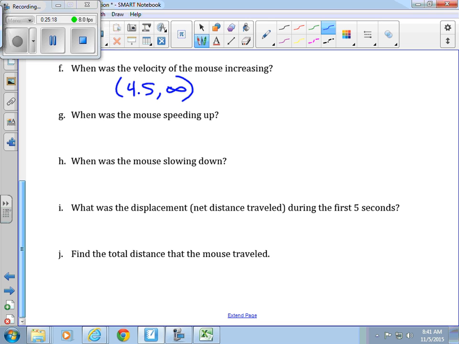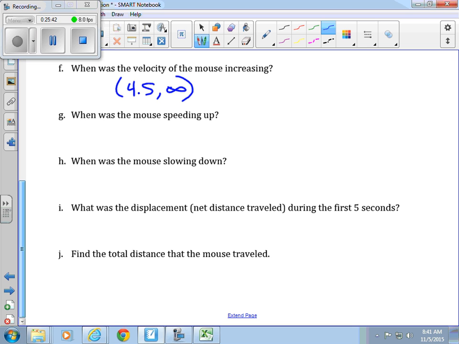What is the displacement during the first 5 seconds? Does anyone in physics want to explain displacement? What is displacement? Displacement is your distance from where you started to where you ended, not taking into account turnarounds, not taking into account total distance.